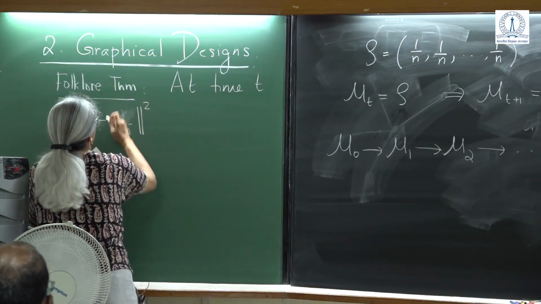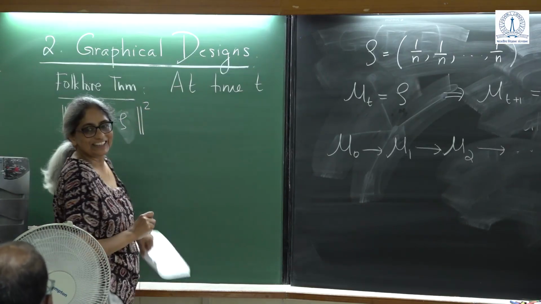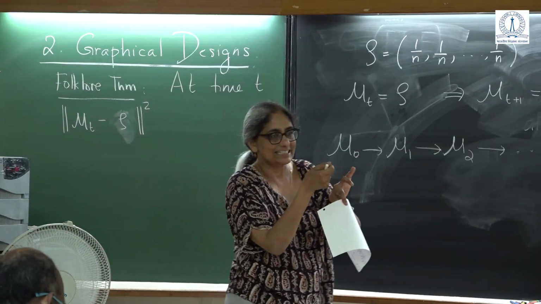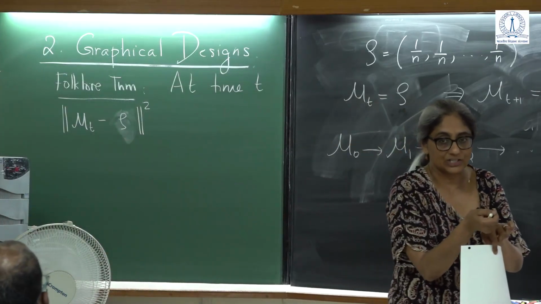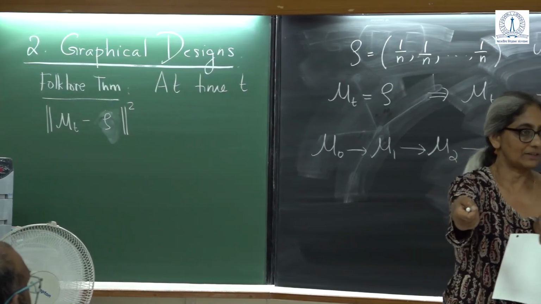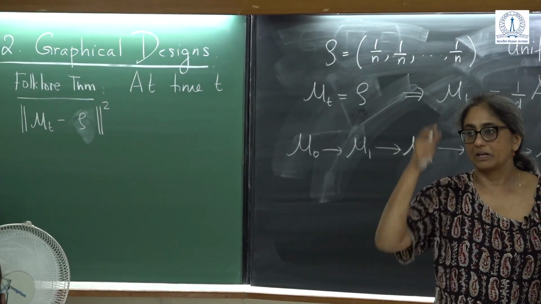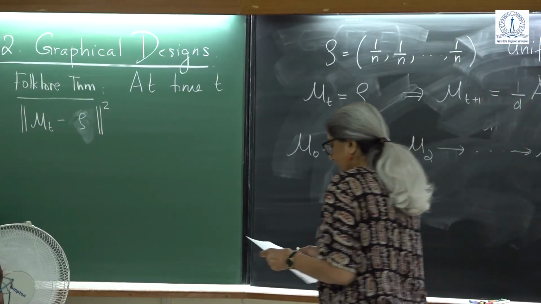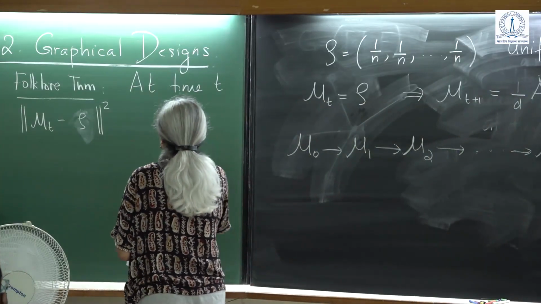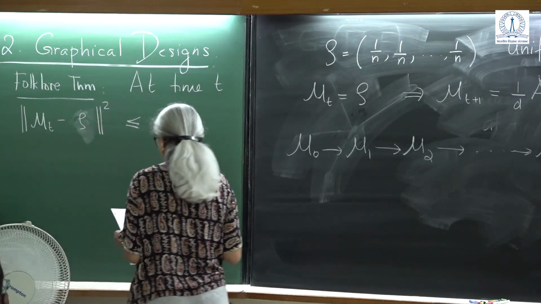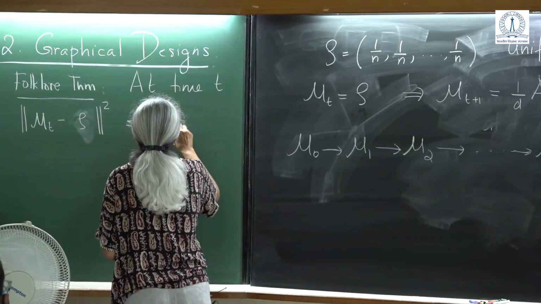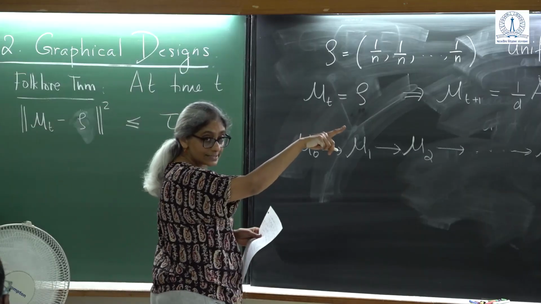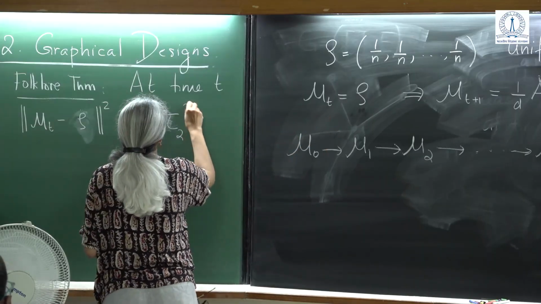So if you want to calculate the distance between the current measure and the uniform measure, you take the norm square, because both are vectors, right? I can take the difference and take the norm square. Then this is bounded above by the second eigenvalue of the walk matrix, to the power 2 to the t.